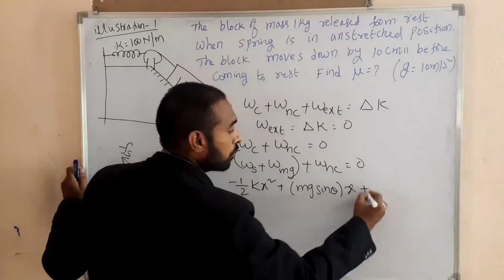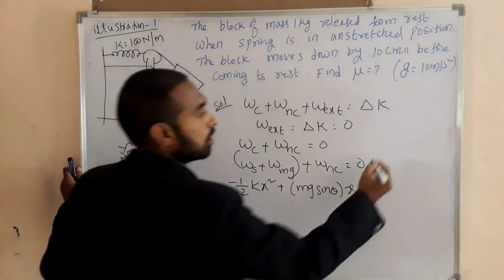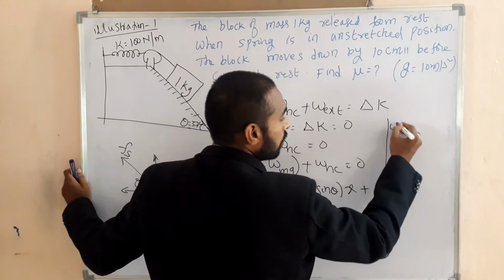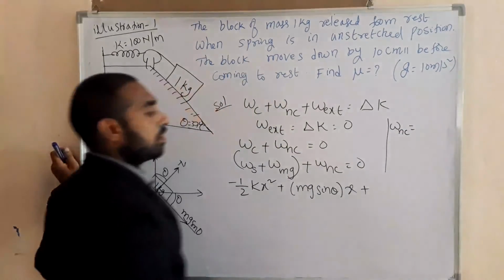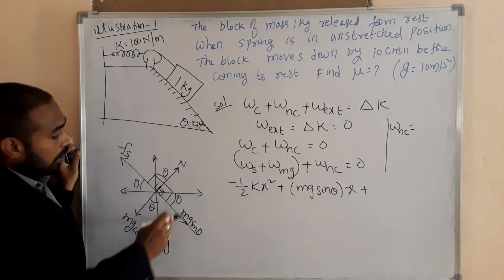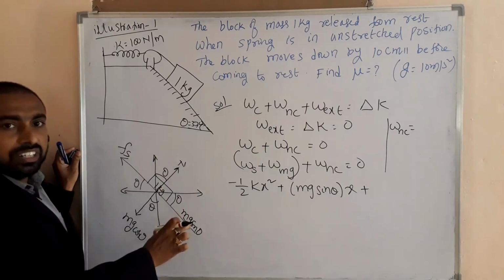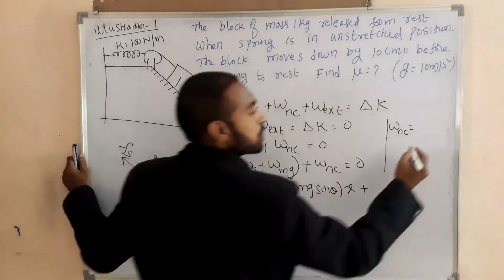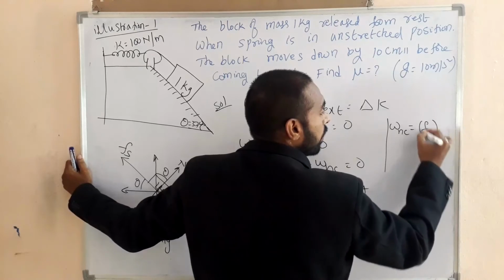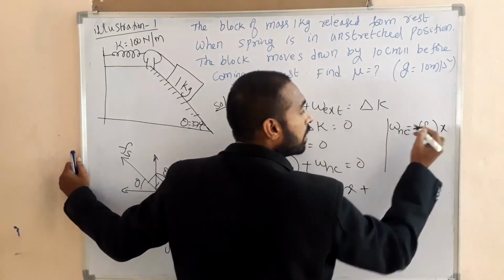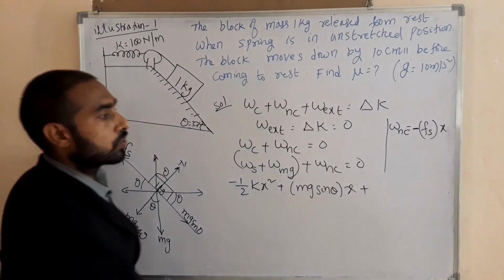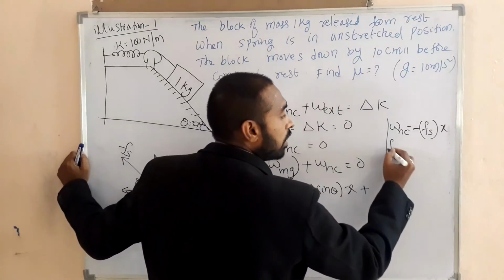Now the non-conservative force. Work done by the non-conservative force is due to friction, and friction is acting in the upward direction while the block is displacing downward. So it will be Fs into x with angle 180 degrees, so a minus sign will be there. What is the Fs value?